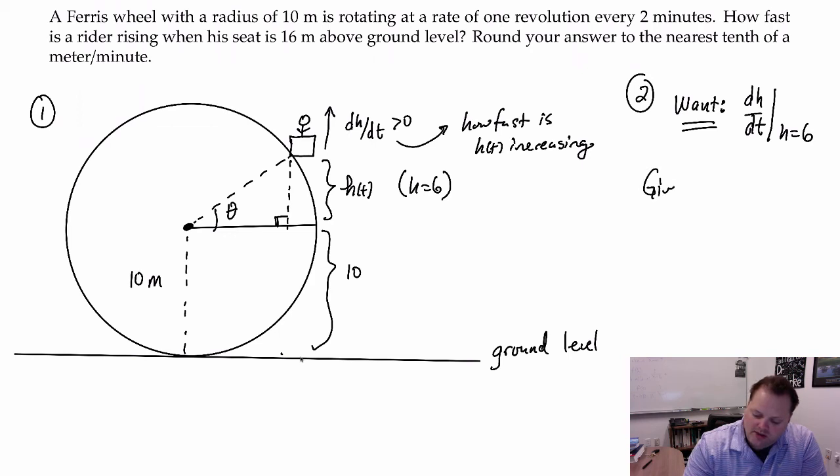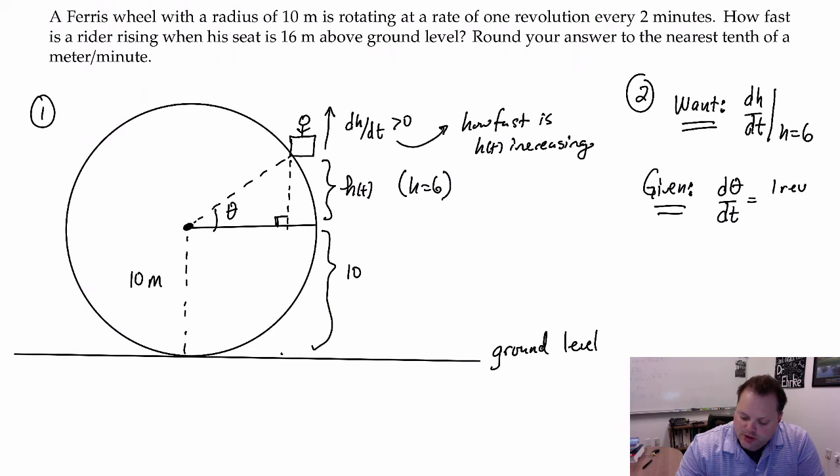You are given the rate at which theta changes. Theta is making 1 revolution every 2 minutes. Now you should be very careful here. There are different ways to talk about this. For d theta dt, you might want to say 1 revolution every 2 minutes. The only problem with that is when you do calculus, you must always keep theta in radians.